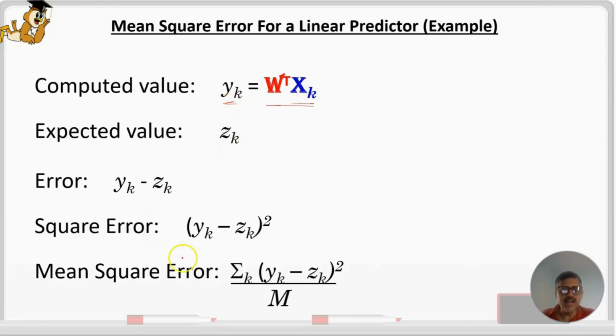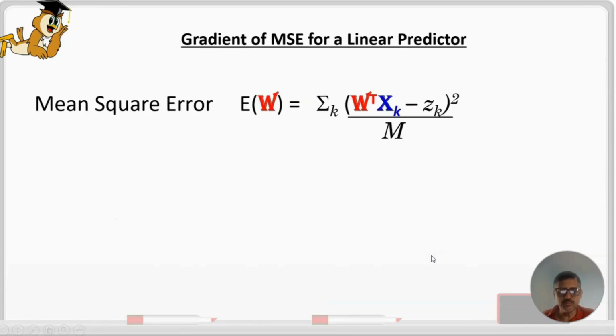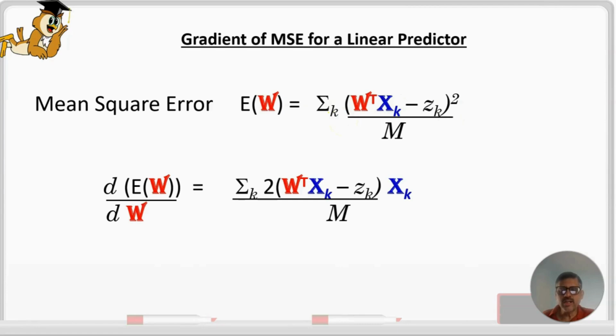If you go over what we did over here, your mean square error is again the same thing, except that for a linear predictor, your gradient is pretty easy to find. This is your mean square error. Your mean square error is simply W transpose xk minus yk squared, added over all k. And your gradient is simply this because of chain rule. Because of chain rule, the derivative of W transpose xk is simply xk. So this part here is a scalar.